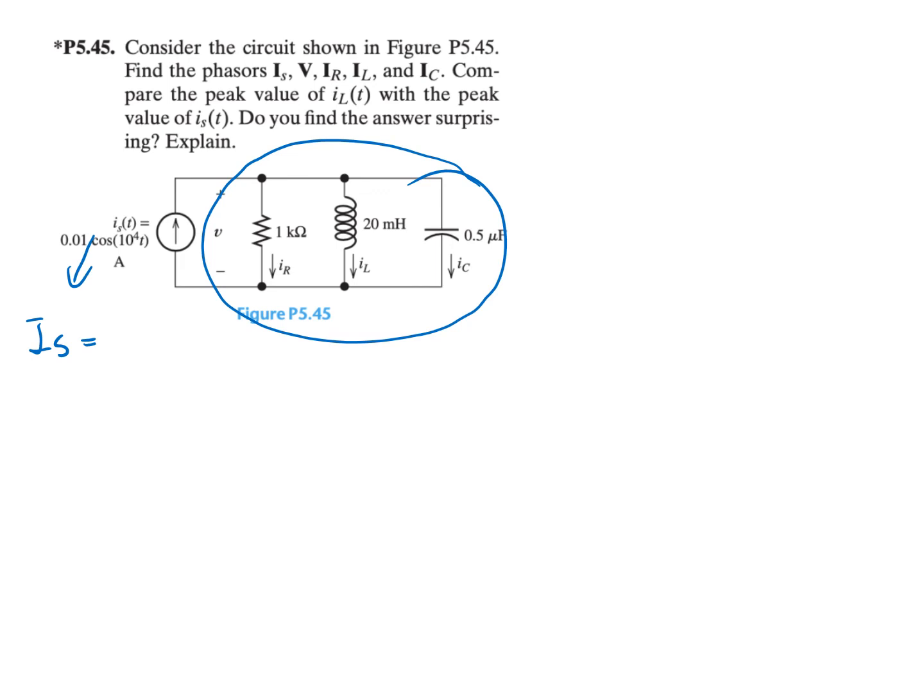Here we can use the milliamp, or the value will be too small. So if we use milliamp, we times 1,000, so it will be 10. Here, the phase is 0 degrees, so that's 10 angle 0 milliamp. And we can calculate the voltage across here. Let's say that's voltage V.